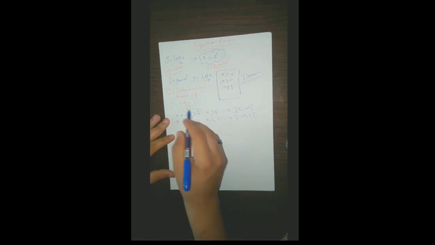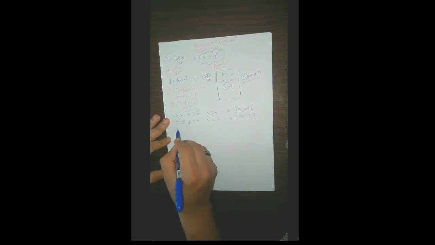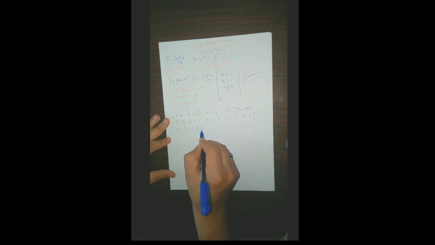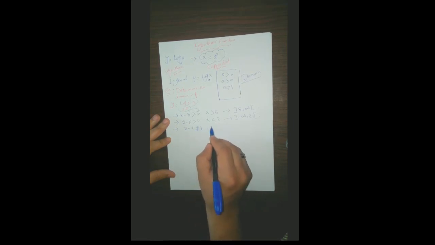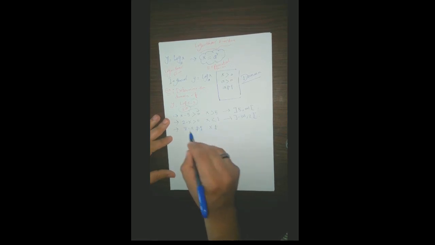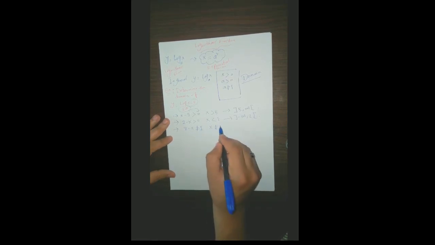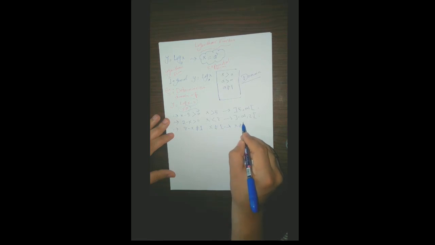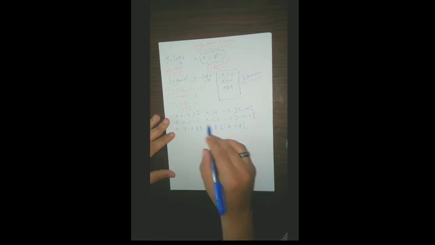Third, the base must not equal 1, so 2 minus x does not equal 1, which means x does not equal 1.